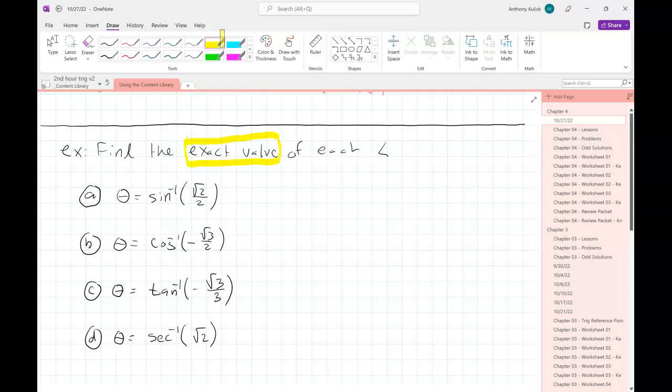When we're in trig and you hear the phrase exact value, what tool are we almost certainly going to need? No, not the calculator. You put the calculator away if it's an exact value. The unit circle. Very good.